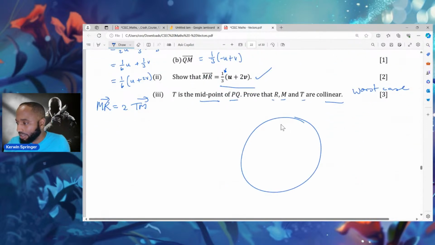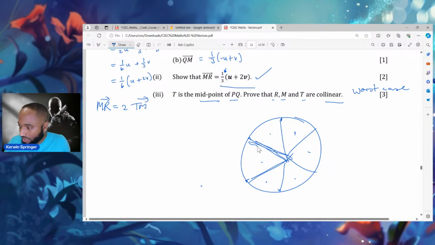1/6. If I divide this into 6 pieces, 1, 2, 3, 4, 5, 6 pieces. 1/6.